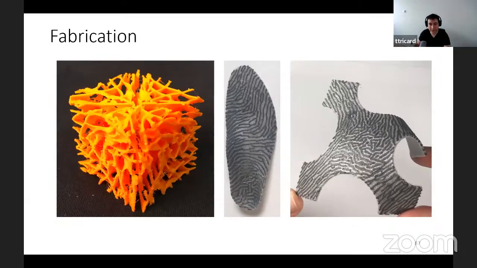And we can also fabricate that, which is why we are here today. So here are two different examples. The first one in orange is a test we did to visually recreate something close to a bone marrow. And the two other examples are actually a mix with two different materials.